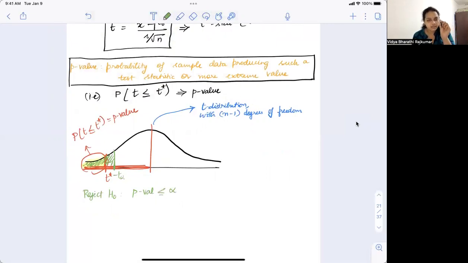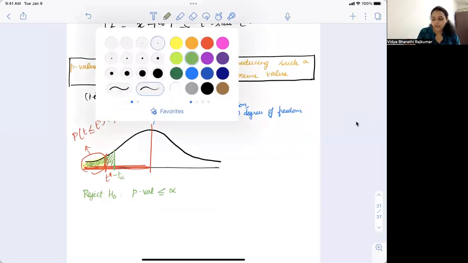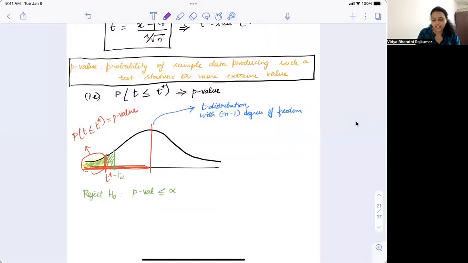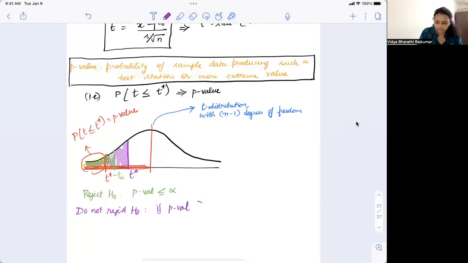If the area to the left of your test statistic is lesser than the threshold region that you're setting, then it means your t statistic is falling in the rejection region, and therefore we go ahead and reject the null. If your p-value happens to be greater than the rejection region, suppose you get P star there, and this becomes your p-value, do not reject the null if p-value is greater than alpha.